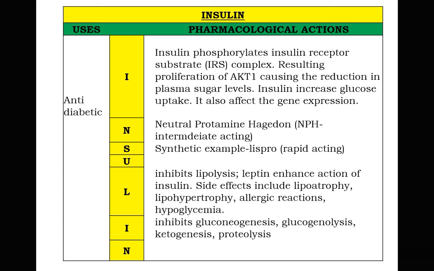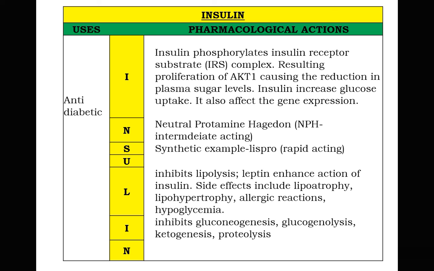Because a dump of insulin produces low levels of blood sugar, thereby causing a hypoglycemic fall in blood sugar levels. It is also found to inhibit gluconeogenesis, glycogenolysis, ketogenesis, and proteolysis.